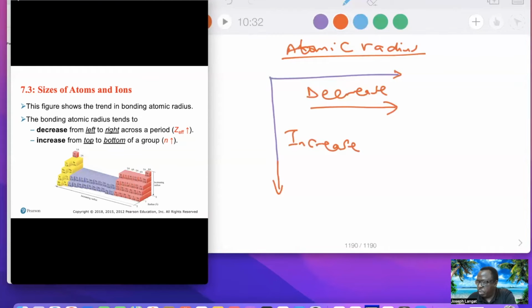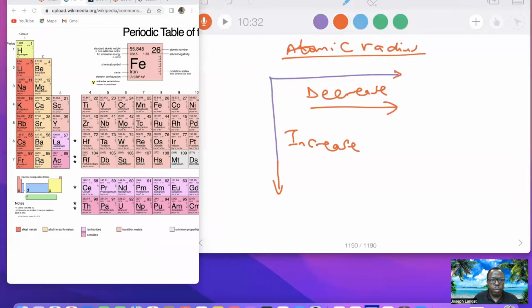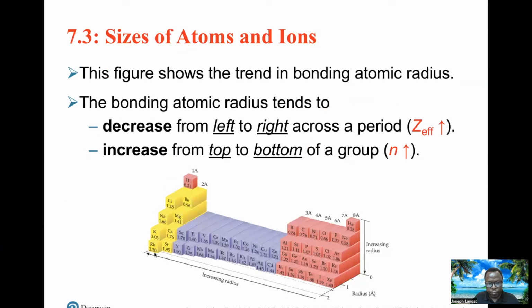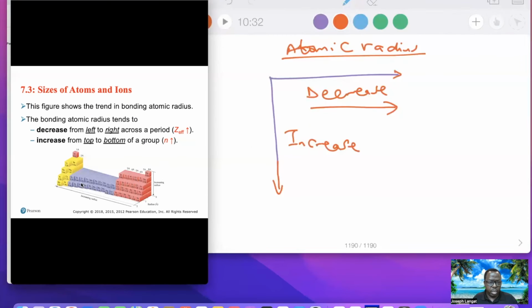All right, so as you go down the periodic table, it's increasing. If you are moving from left to right, it decreased. Did I say increase? Let me just say, yeah, it decreased. But if you move from right to left, it's increased.